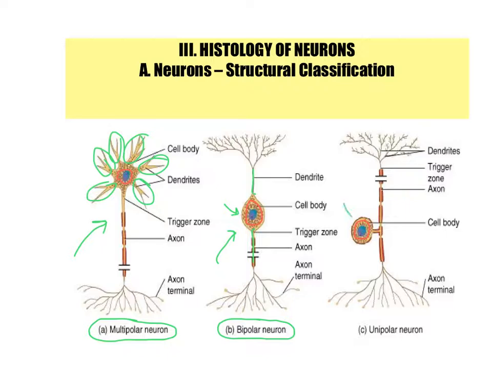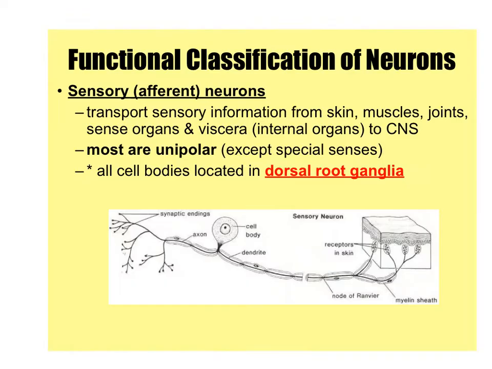Now, if you look at this cell body right here, there's only one process which is coming out of that cell body. There's only one. And then, yeah, sure, it branches off going up and down. But since there's only one, that is a unipolar neuron. Remember, these guys are always sensory neurons.